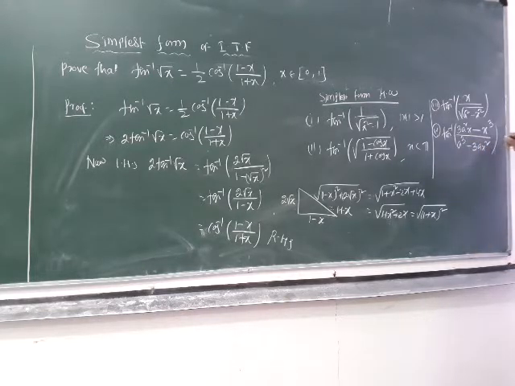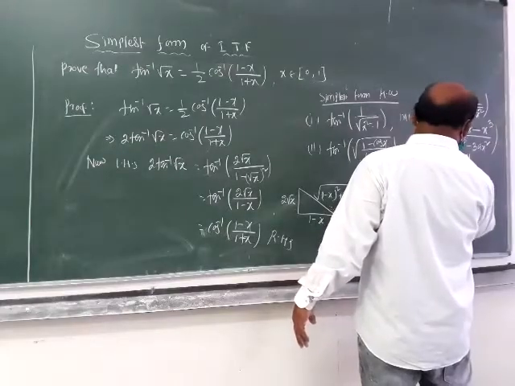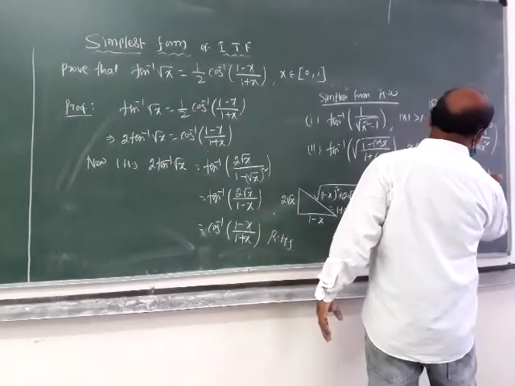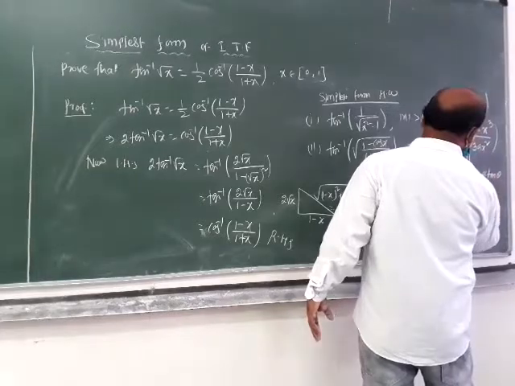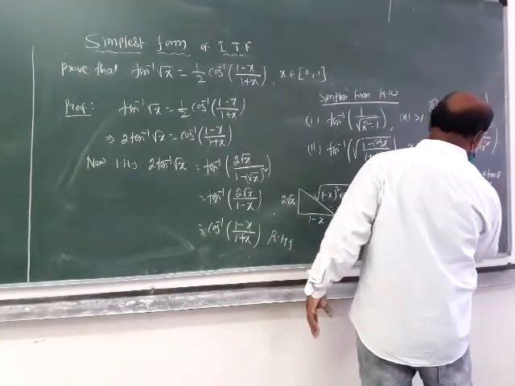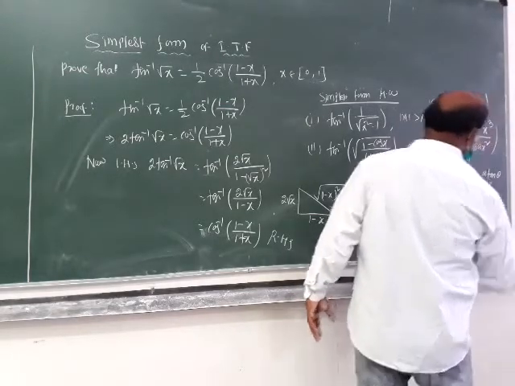Try to understand this problem. The hint given is: put x is equal to a tan theta. That implies tan theta is equal to x by a, which implies theta is equal to tan inverse x by a.